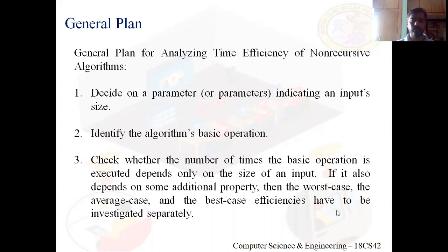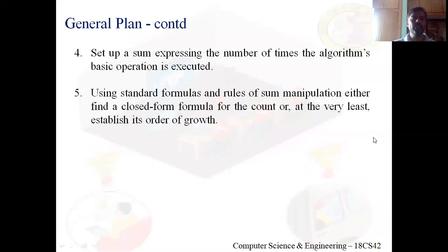Now coming to the fourth step. You have identified the basic operation, and you have identified whether the execution of the basic operation depends not only on size but also on other parameters. Now you have come to know how many times the basic operation is going to execute.